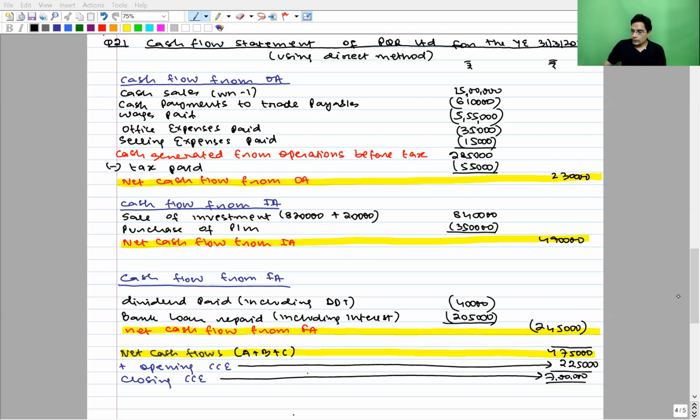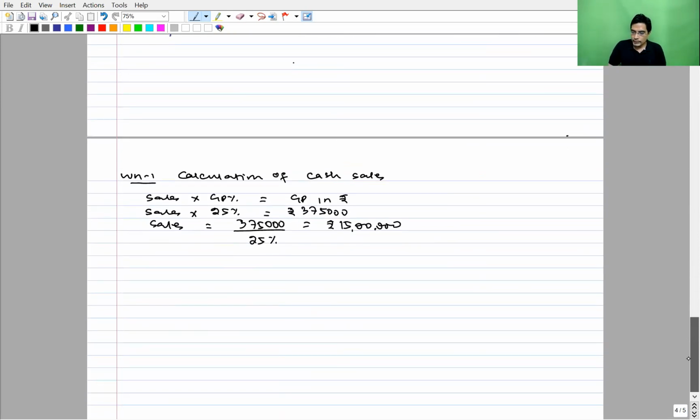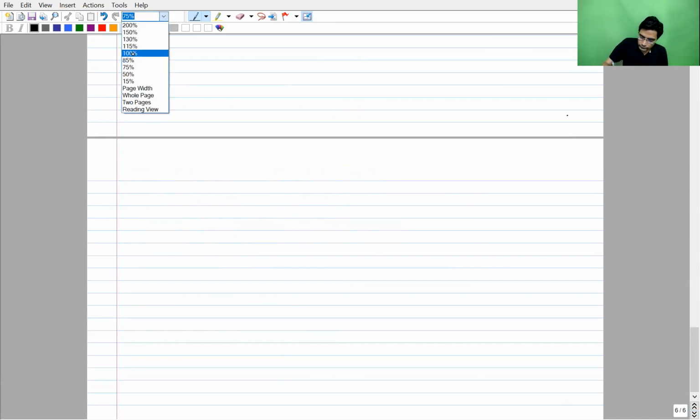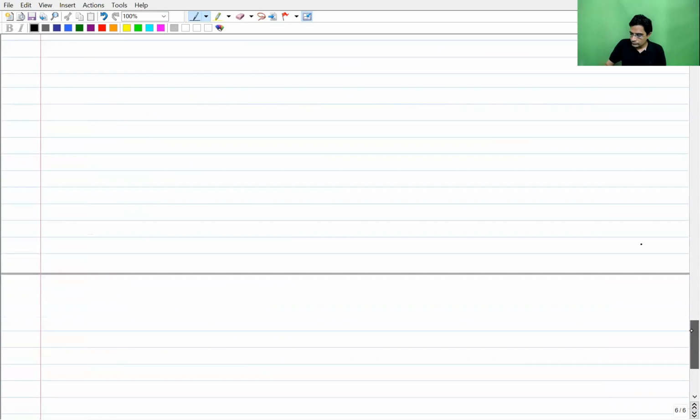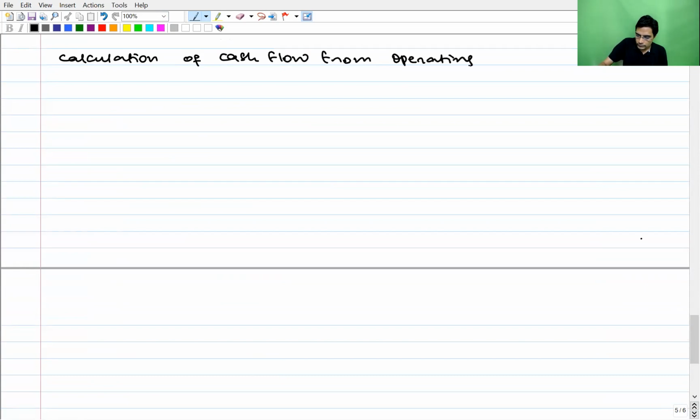Now we will solve the same question under the direct method. Calculation of cash flow statement, calculation of cash flow from operating activity under the indirect method.